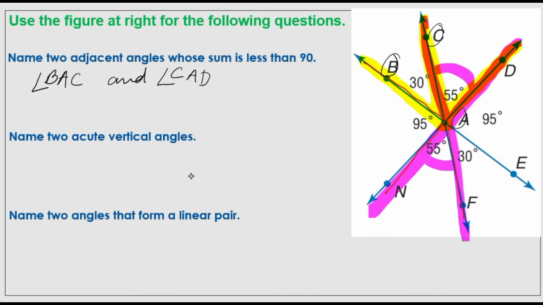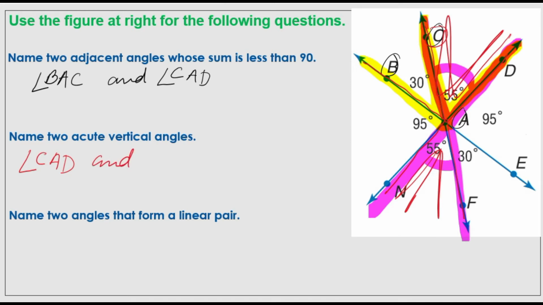If you use the other two lines, this 30 and 30 are also vertical angles, but we just need to give two angles. So the two angles are CAD, which is this one, and the other angle, vertical to this, is angle NAF. These are the two acute vertical angles.